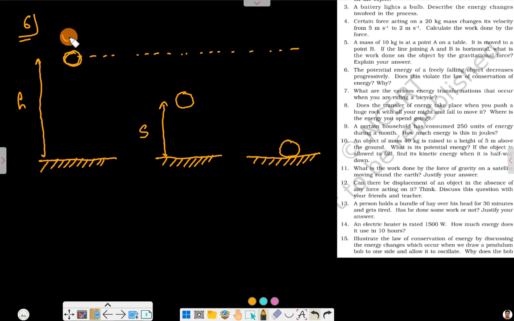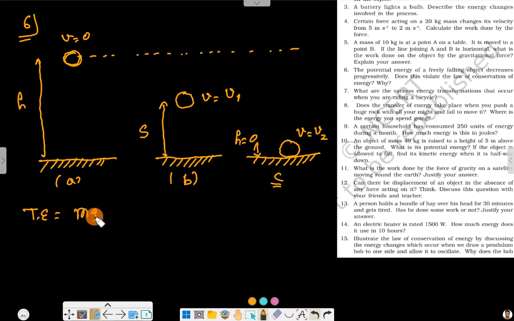Here the object has zero velocity, here the object has some velocity, suppose v is equal to v1, and here the object has some velocity, suppose v is equal to v2. Here height is 0 because the object has touched the ground. Now suppose at places A, B and C, in case A, the object has only potential energy because velocity is 0, so its total energy is equal to mgh.